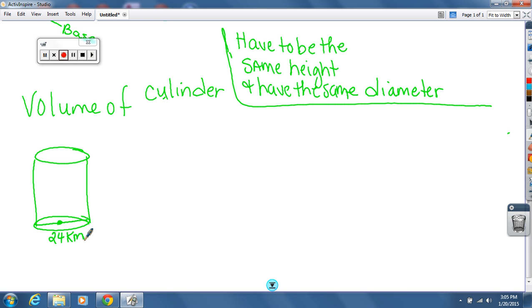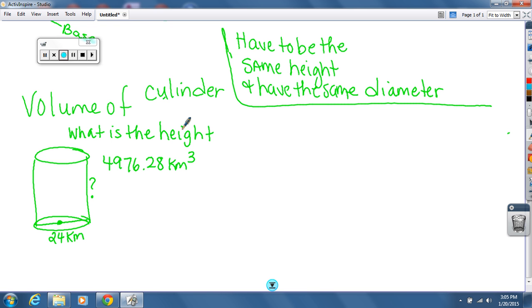I'm not given my height, but I am given the volume: 4976.28 kilometers cubed. And I need to know the height. So what is the height?